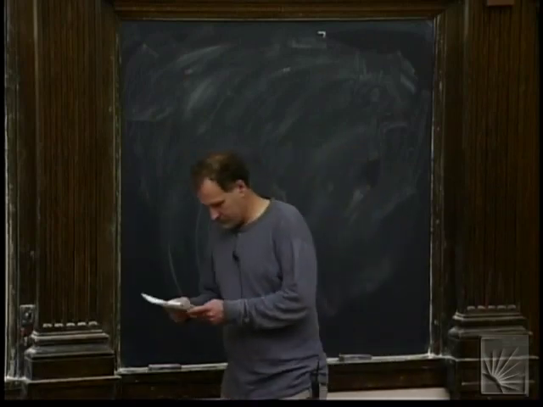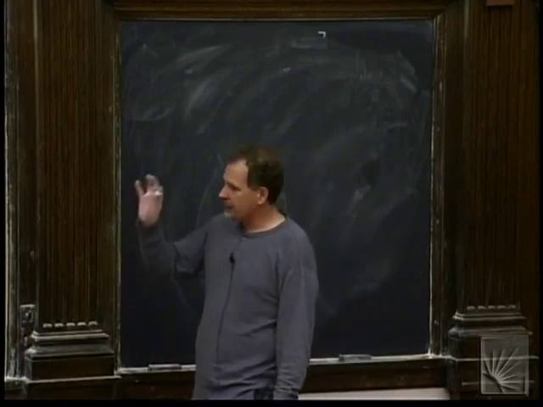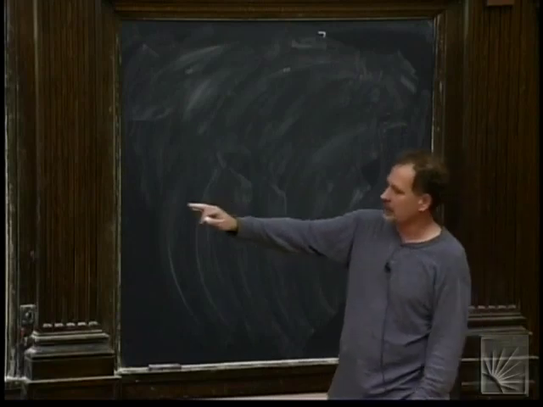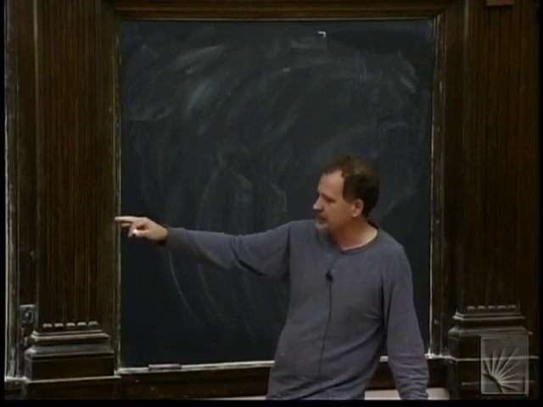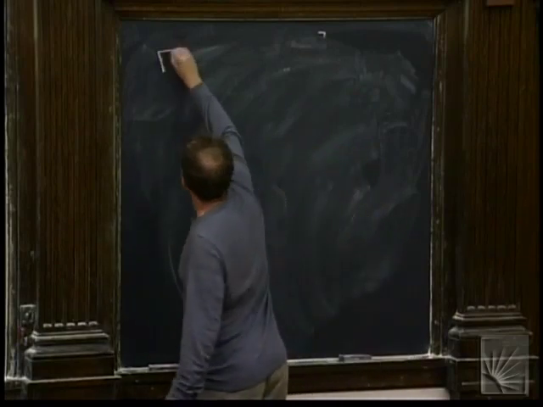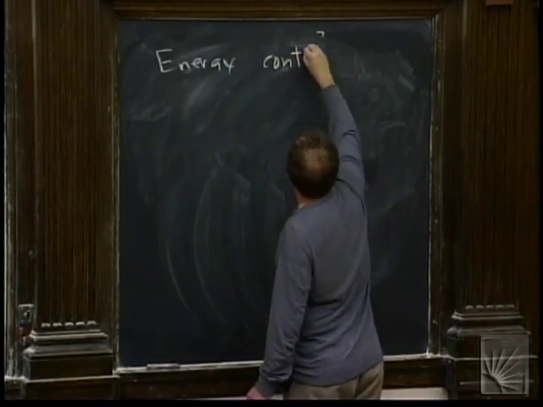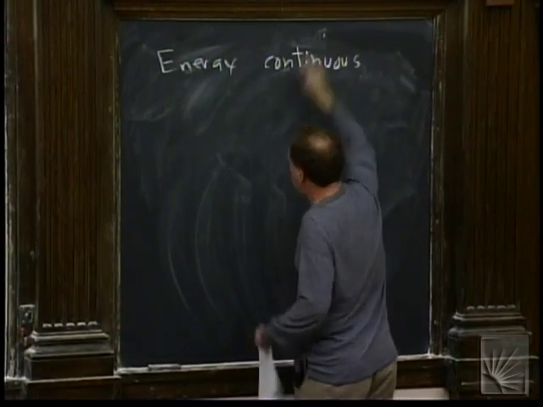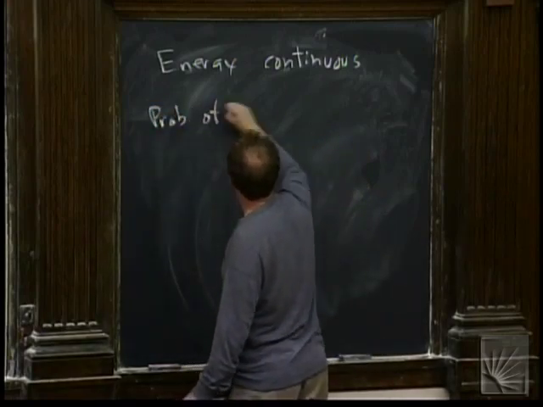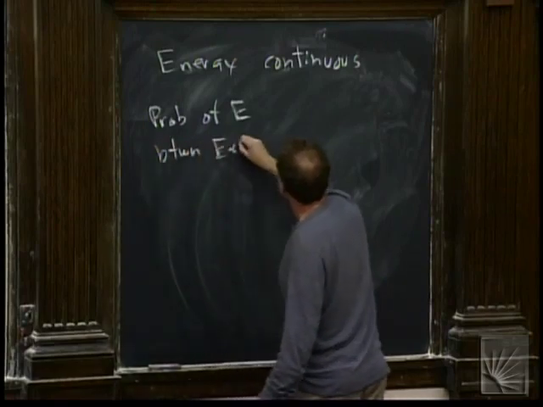All right. Let me introduce just one final concept. If I have continuous distributions, here I had a continuous distribution, and actually it's a little unusual compared to the other things we're going to do, because I actually cared about velocity. But if the energy is continuous, once again, I'm going to ask about the probability of E between E and E plus dE.